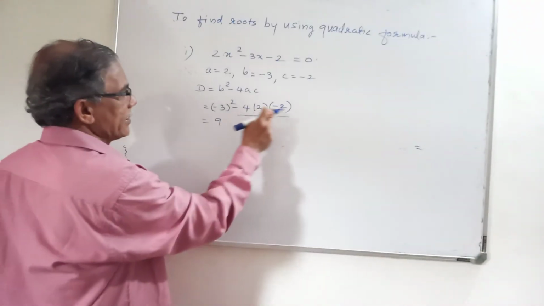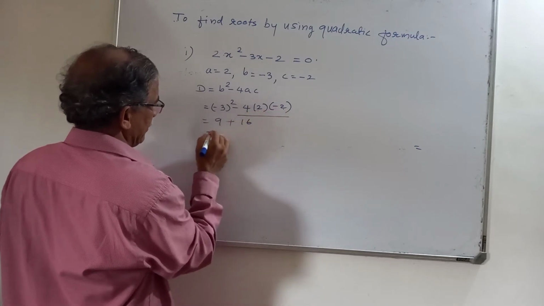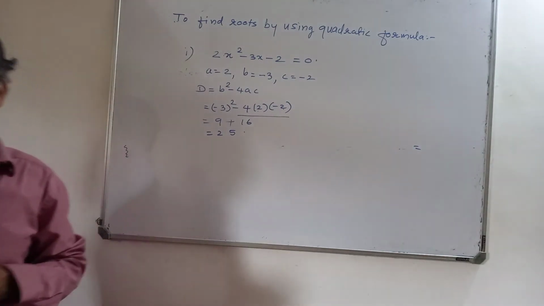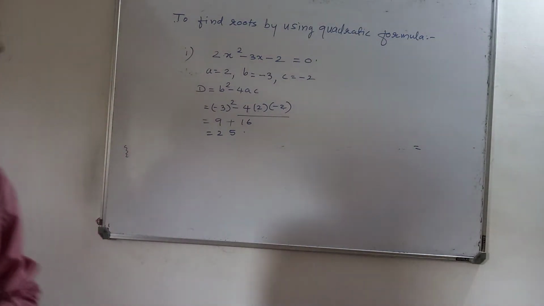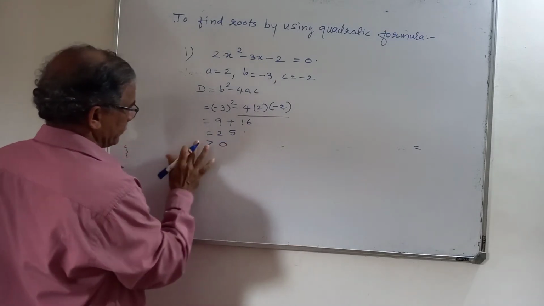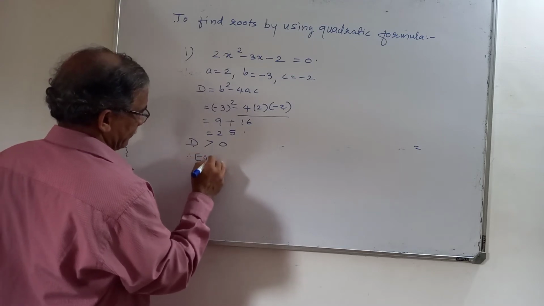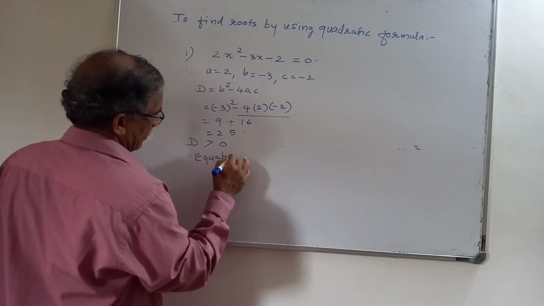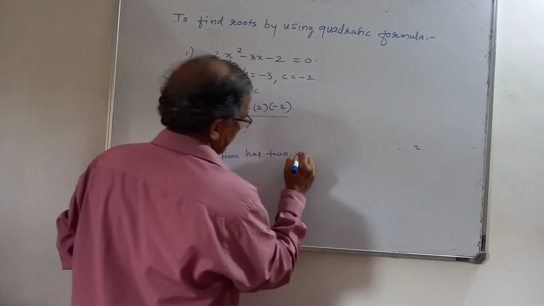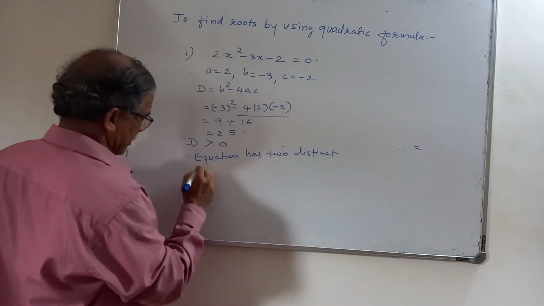So here minus into minus is plus, 4 twos are 8, 8 twos are 16, that is 25. So D is 25, which means it is greater than 0, isn't it? So you write down, D greater than 0, and therefore the equation has two distinct real roots.